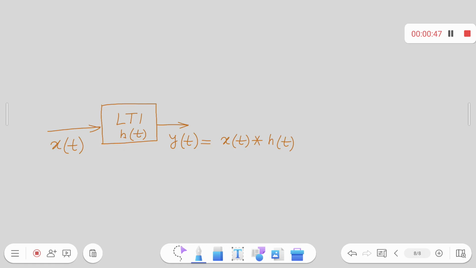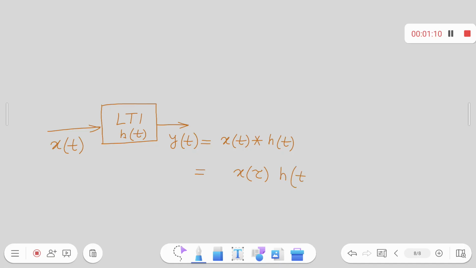So basically the convolution operation is a combination of four defined operations, right? One is folding, then shifting, then multiplication, and then addition. So you have x of tau, h of t minus tau.